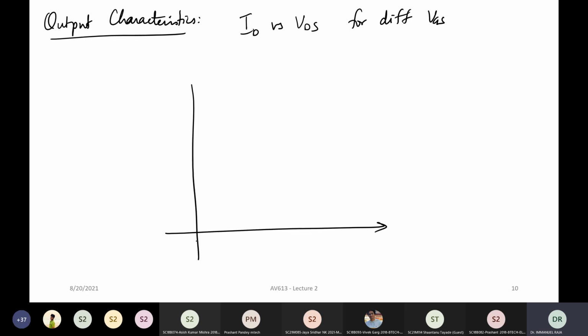Now for output characteristics, of course, you plot ID versus VDS for different VGS values. Here the x-axis is VDS and you have ID. I had already plotted this example, so you will see that it looks like this. Let's say this is for some VGS1. If you have a higher VGS, you will end up with a higher current.